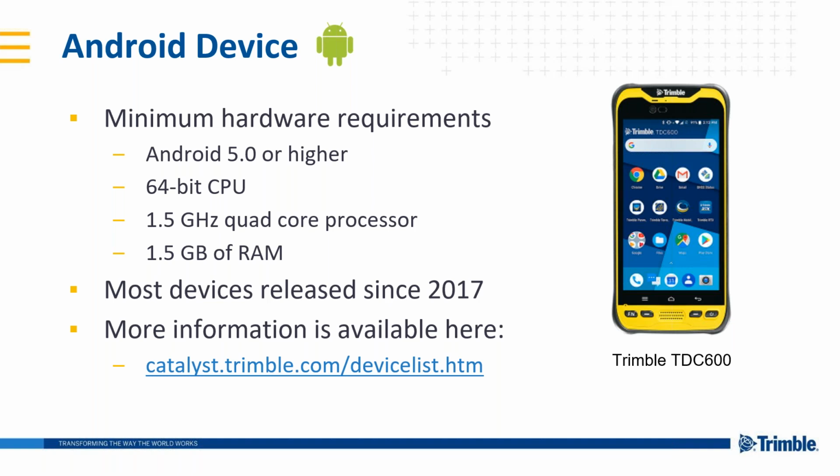It's ruggedized against drops, but most importantly, when we start getting into using devices like this more than just a cell phone, and you're taking them out into the field, battery life becomes an important consideration as well. And this has a very, very high capacity battery that lasts all day, but it's also removable as well. So you can take a lot of battery life with you out into the field.